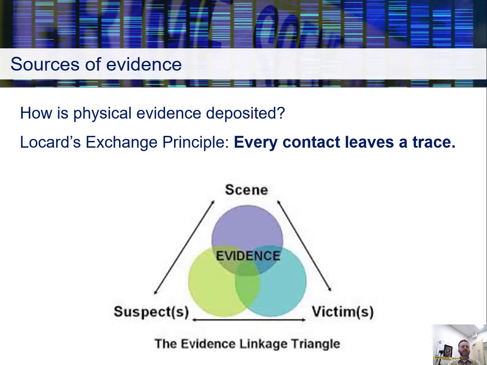So this triangle illustrates this process. We have the suspects, the victims, and the scene as the vertices of the triangle, and our evidence, our trace that later becomes evidence, in the center. And this evidence essentially links those three vertices of this triangle.